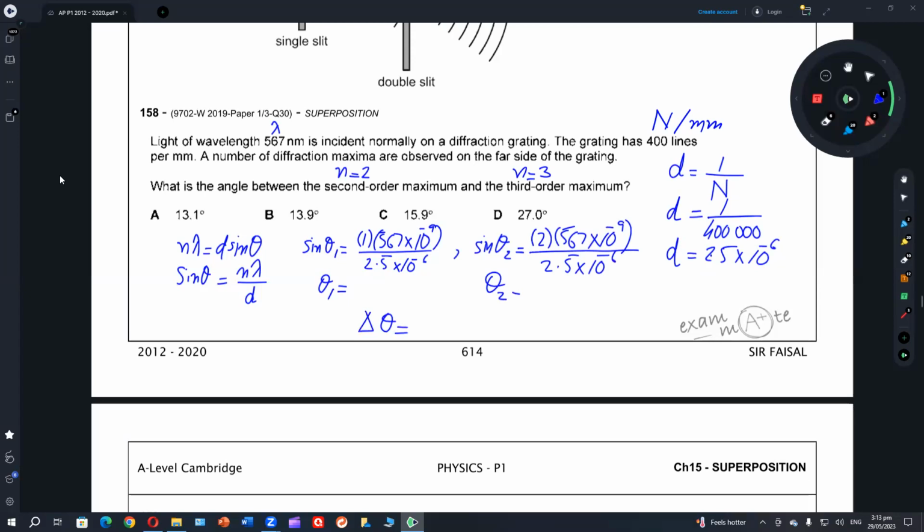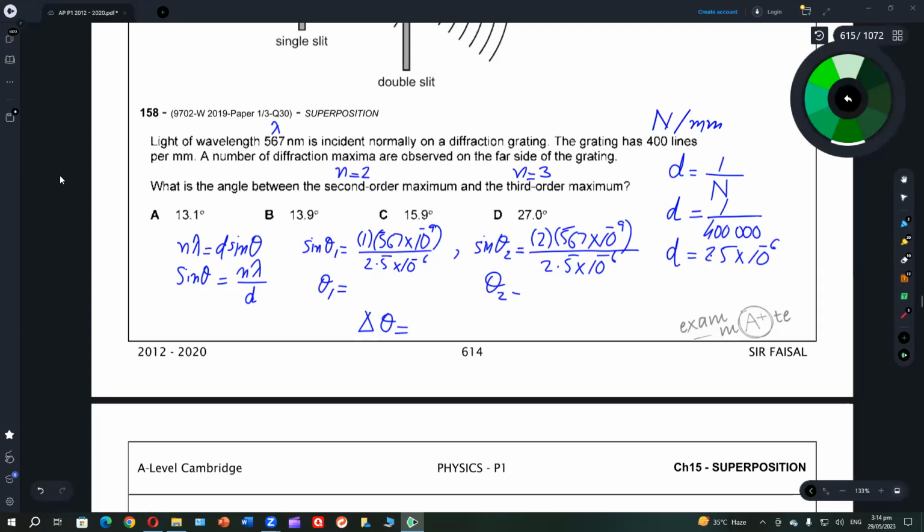So first we need the two angles. Calculator should be in degree mode.